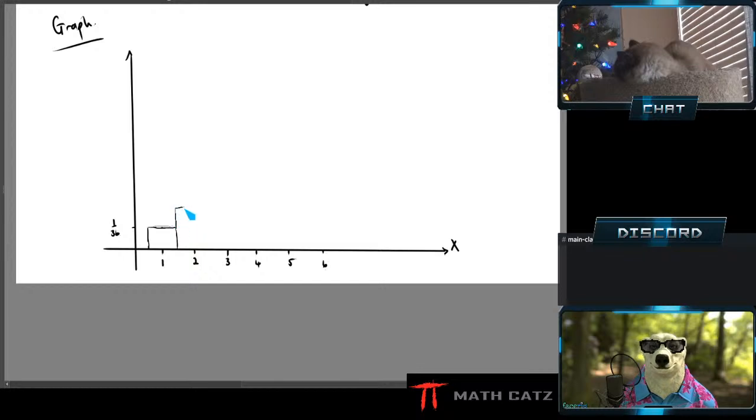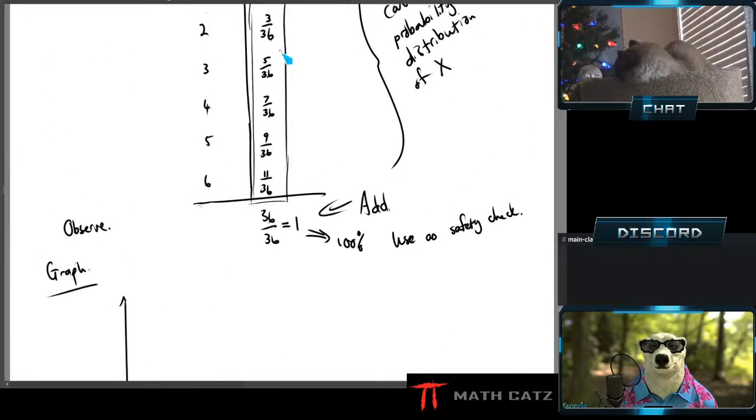Then at 2, I have a bar that has height. The key thing is that however you draw this bar, whether it's a thin, tiny little bar or a thicker bar, it has to have height matching the probabilities.